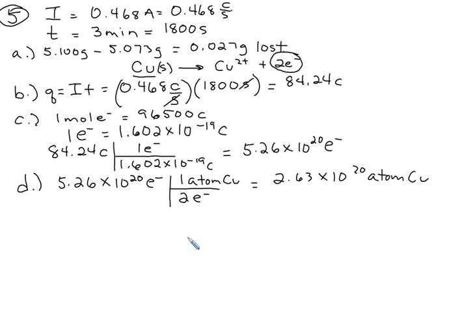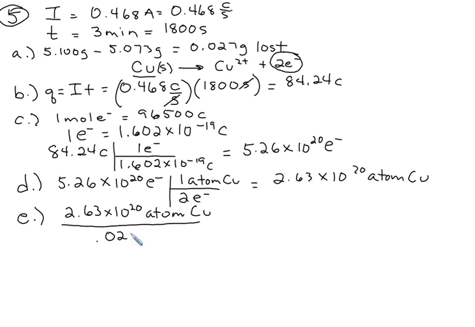All right, part E says, well, let's put together these two things. We're going to put together the atoms of copper that we just calculated that were used in our electrolytic cell. So there's the atoms of copper. And we're going to use the grams of copper that we lost, which we calculated way up in part A. So we know we used this many atoms, and that was the same as 0.027 grams of copper.